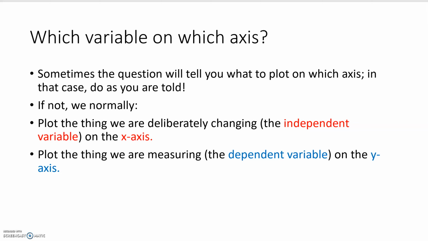Dependent data is something you're going to measure as a result of what you change. So if I have decided to change the temperature and I'm measuring the height, then the temperature will go on the bottom and the height will go on the side of the graph. So once you've decided these, then you can start plotting your graph.